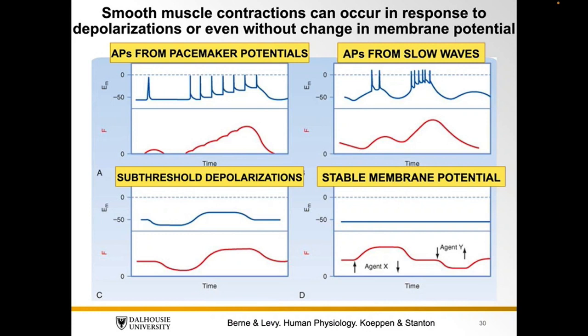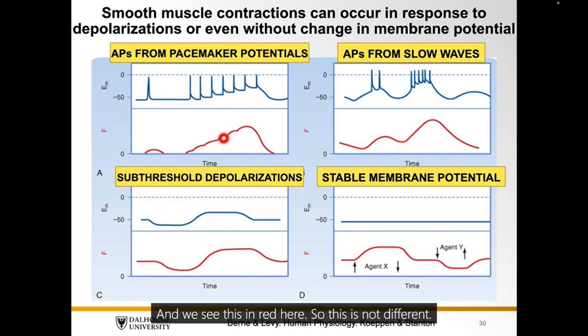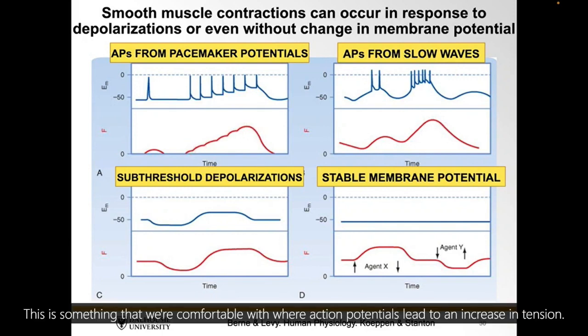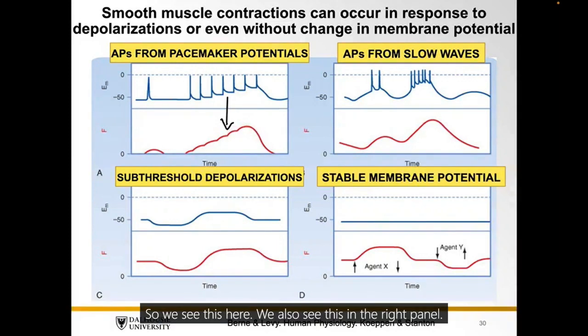And at the same time as the cell is firing action potentials, we also see the tension in that same cell increasing, and we see this in red here. So this is not different. This is something that we're comfortable with, where action potentials lead to an increase in tension.